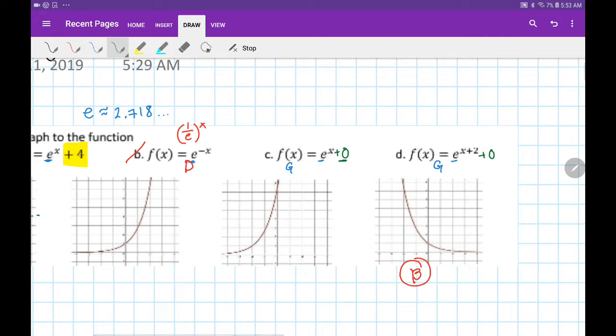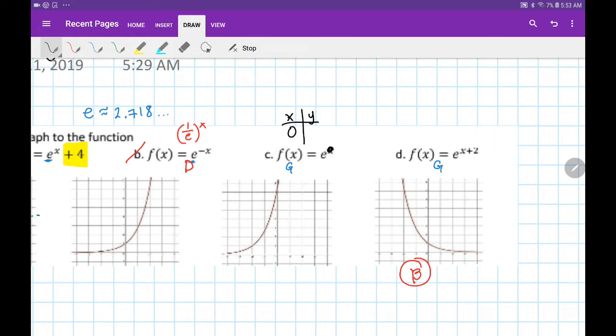Notice that the only difference here is what's happening in the exponent. To figure out which graph is which, I will plug in some points. So for letter C, I'll plug in the value 0 for x. If I want to see what e to the power of 0 is, I'll just plug it in for x right there.